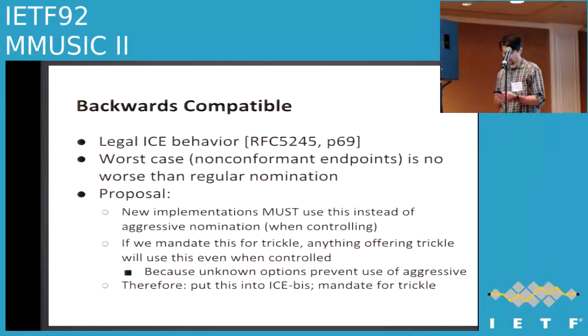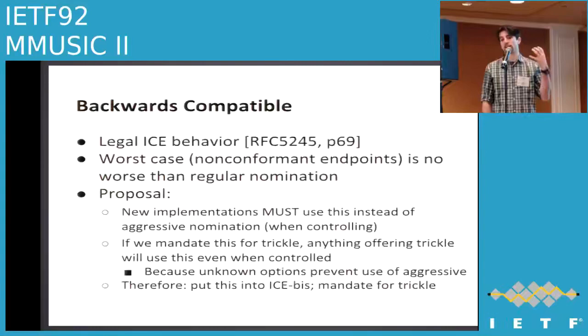So for ICE-BIS, basically we take this buried nugget or buried gem on page 69 and make it more prominent and describe how we see this fast nomination working.